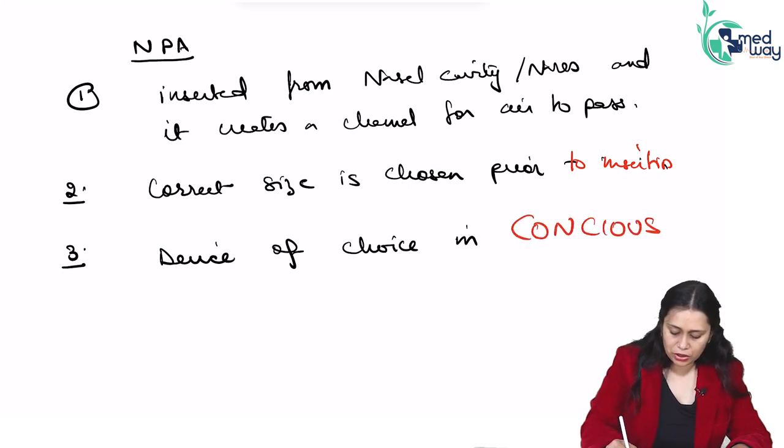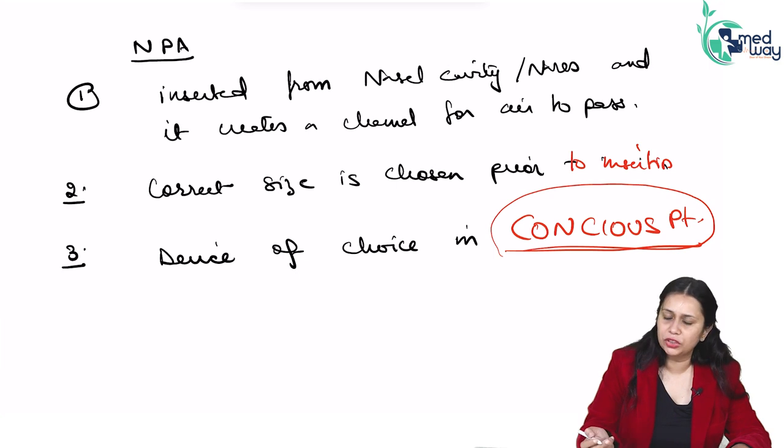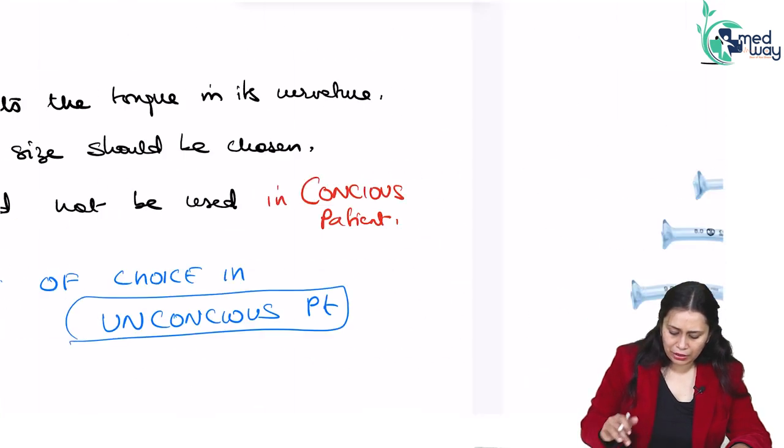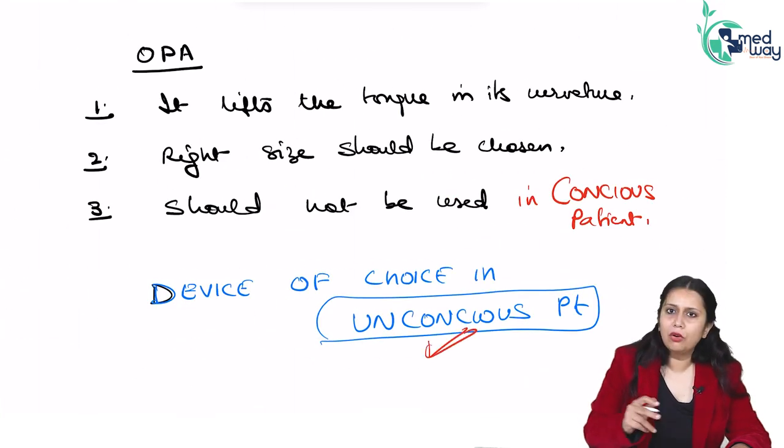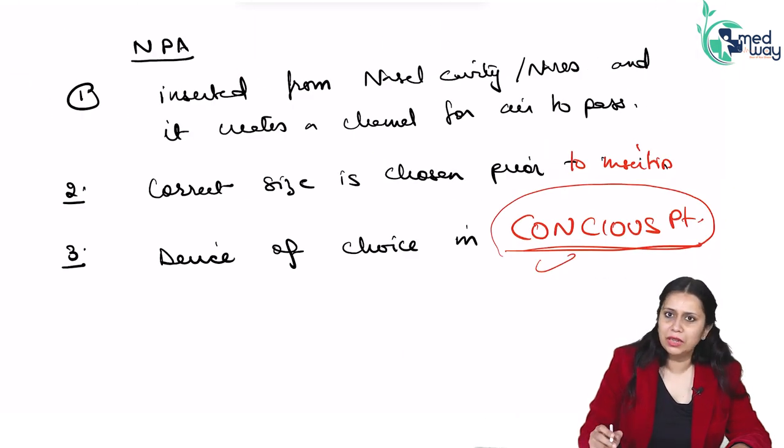For an unconscious patient, what was the device? The device was the oropharyngeal airway. This is the device of choice for a conscious patient. So if it is a very good device for a conscious patient, why should we not put it in an unconscious patient? The reason is that the nasal cavity is very vascular and we don't want to touch it unless it is required. In an unconscious patient, it is good enough to use the oropharyngeal airway, and only in the conscious patient do we use the nasopharyngeal airway.